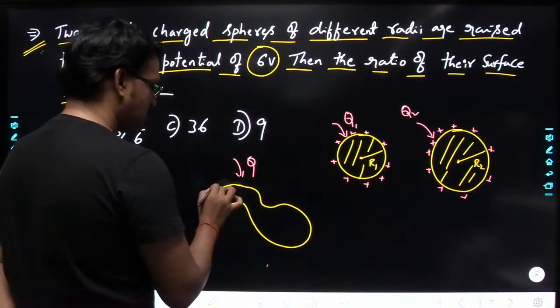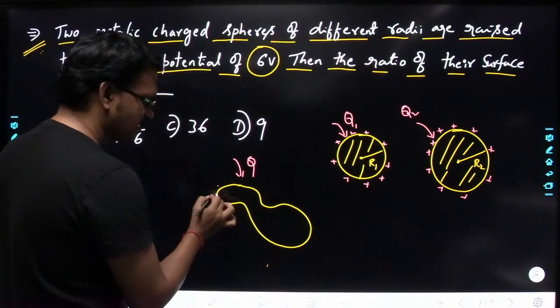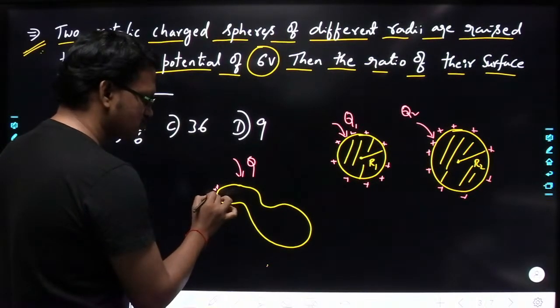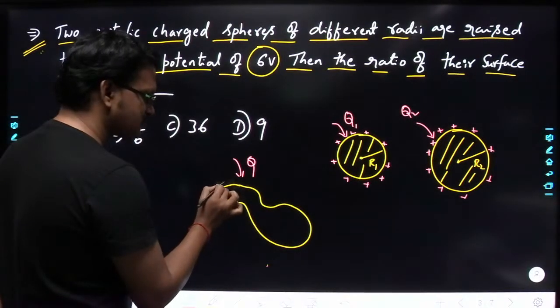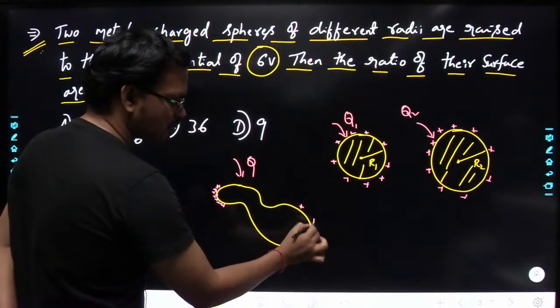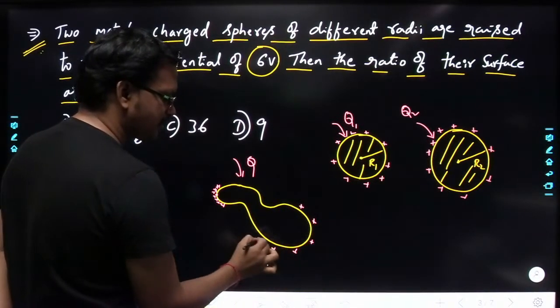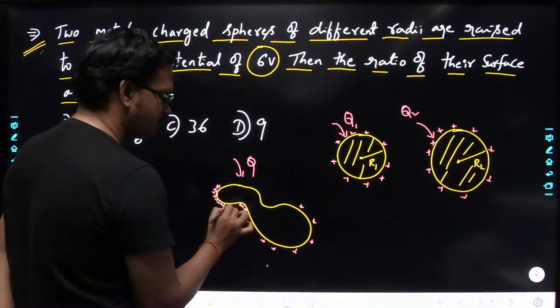What will happen here? At this point the radius of curvature is less, so more charge will get accumulated at this location, and here the radius of curvature is more, so less charge will get accumulated, and again here more charge will get accumulated.